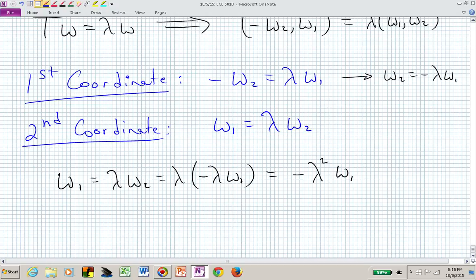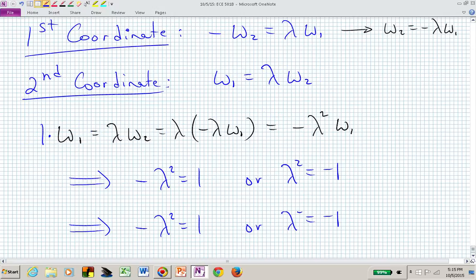Maybe that looks a little weird, but if we think of this as 1 times W1, then we can say, oh, we really have minus lambda squared is equal to 1, or lambda squared is equal to minus 1. And now think of what we have. If we let our field be real, do we have a solution? No, we already learned that. If we let the field be the complex numbers, then we can have a solution. We'll pick up at that point next time, but you might start looking to see what you can do with this in terms of eigenvalues and eigenvectors.